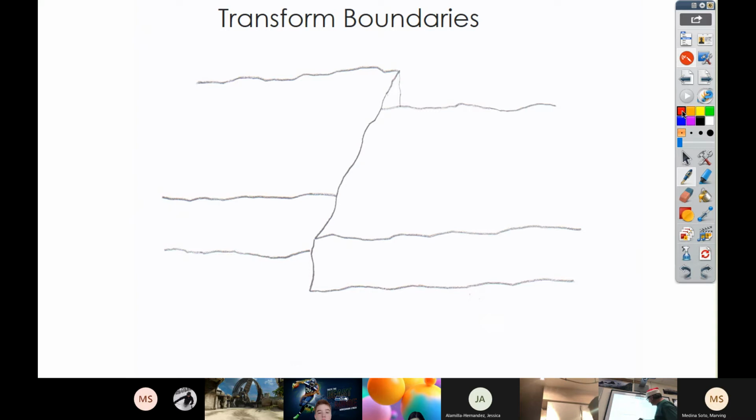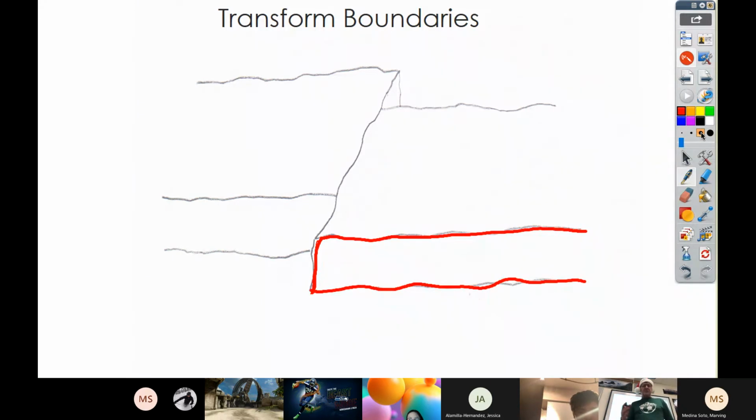So the first thing I'm going to do is this part right here. Then I'm going to go straight off to the side, and I intentionally don't really want it to be a straight line because the rocks that make up the plates are not straight lines either, are they? Then I'm going to draw kind of at an angle back to here and then to there.